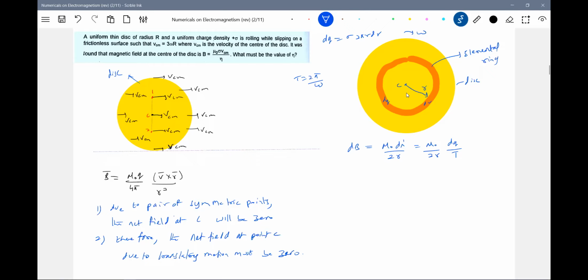Now, what is dq? Sigma into 2 pi r dr. So dB will be mu naught by 2r, and dq will be sigma 2 pi r dr by 2 pi by omega.